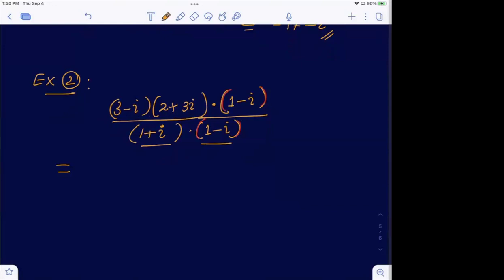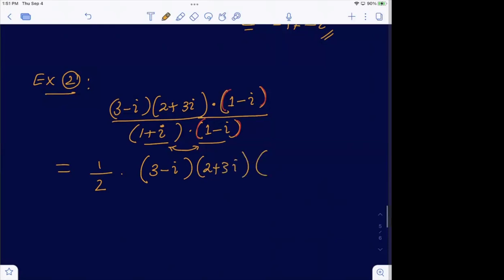When you multiply these two numbers, you can see it's going to be 1 plus 1. It's going to be just 2. And if you do not see how these two together will form just 2, I recommend you do the simplification and check. So that would be 2 in the denominator. So I will write it like 1/2 at the front. And 3 minus i, 2 plus 3i, 1 minus i.